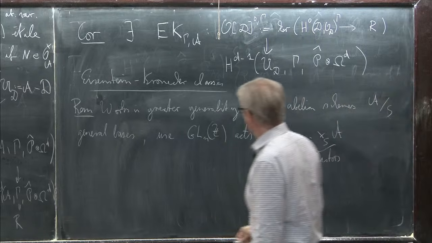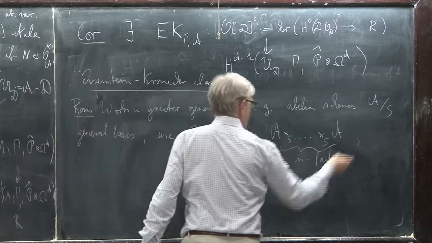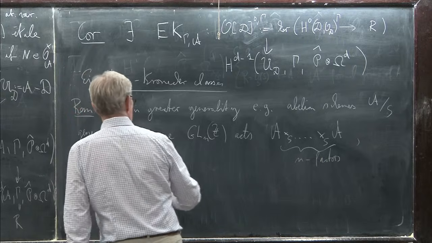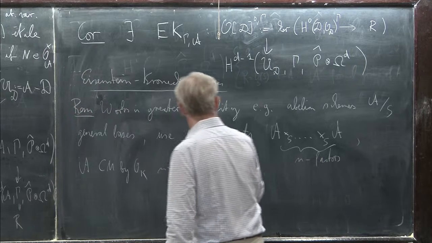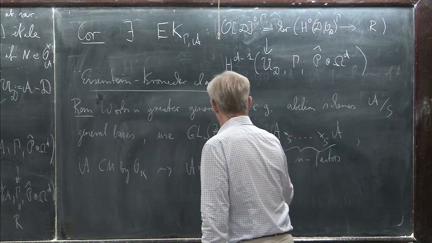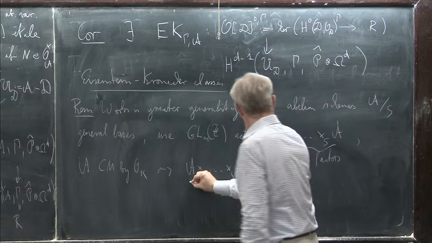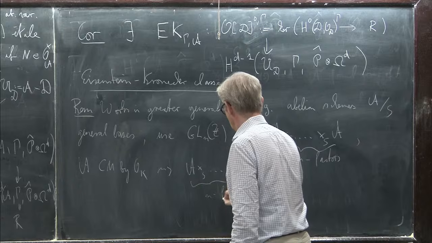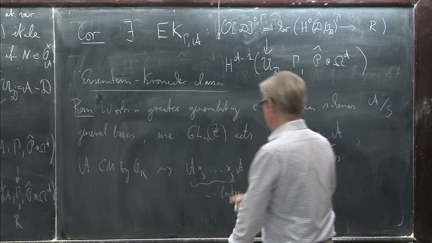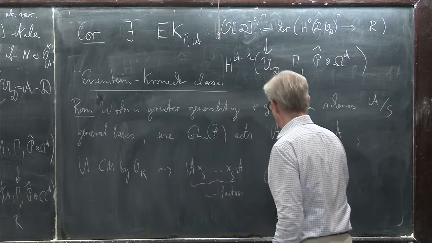And if A has CM by K, A with CM by OK, then you can take also the product of these varieties and factors, and you have an action of GLN.